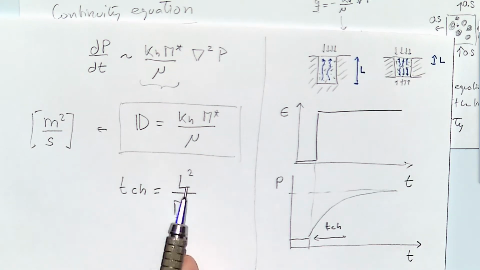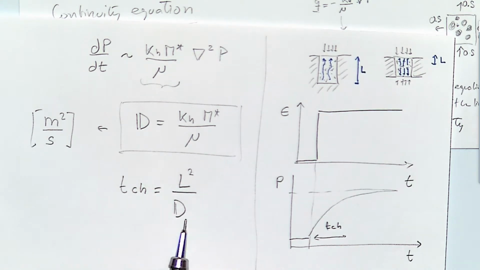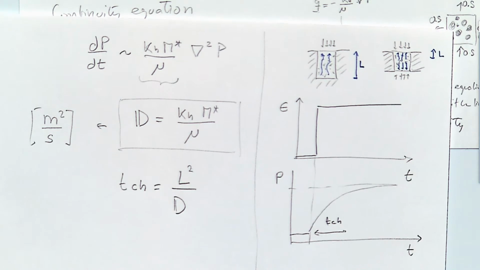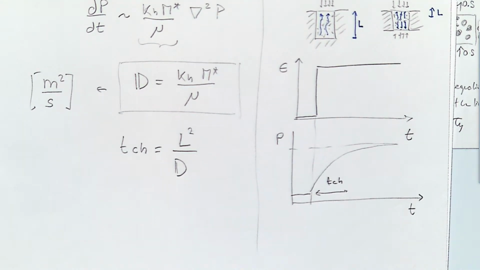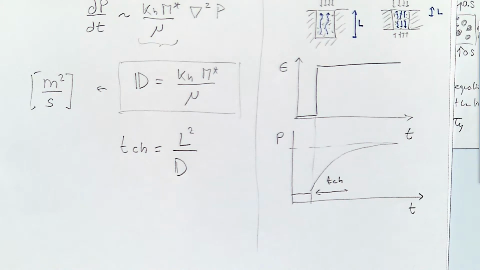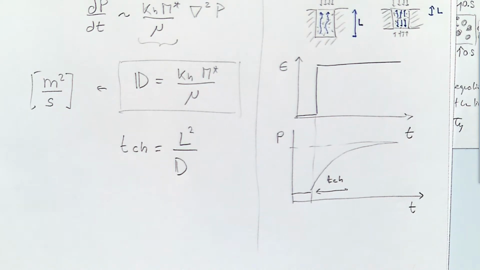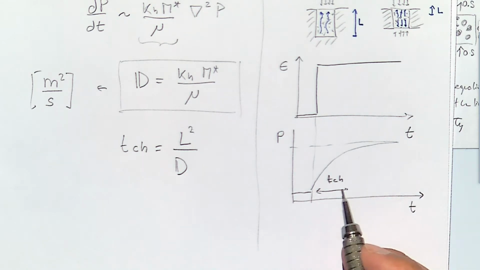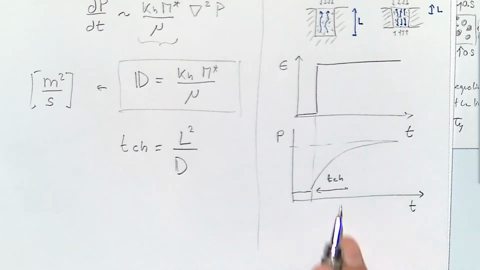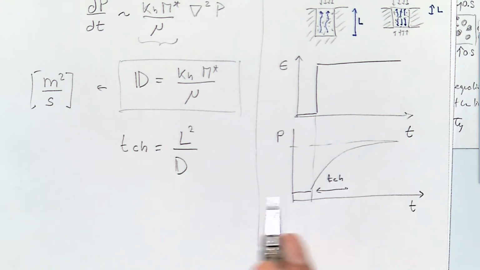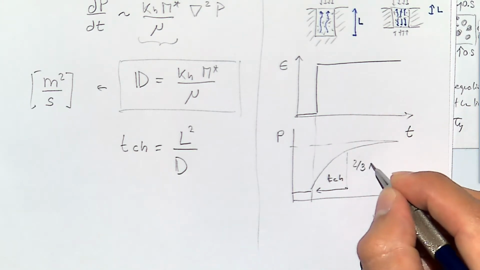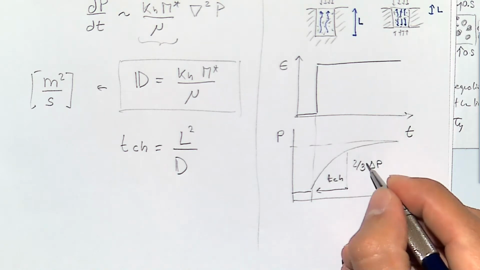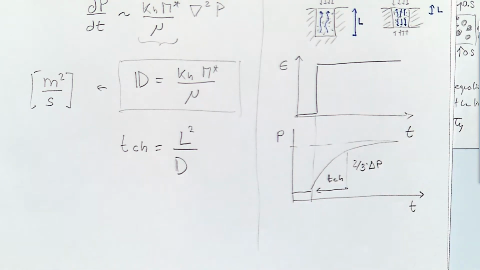If you know the length and if you know the diffusivity parameter, you can compute this characteristic time. And again, this characteristic time is going to tell you how long it takes for pore pressure to dissipate in a system. Not fully dissipate, because it is an asymptotic trend. But for this solution, more or less 2/3 of the change of pressure will correspond to that characteristic time.